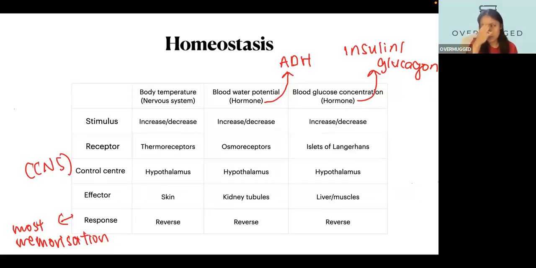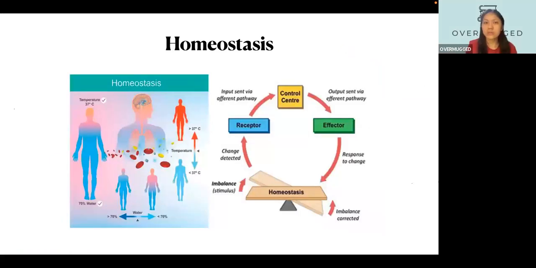Yeah, I think this slide should be before the slide just now. So this is homeostasis for the combined students. It's basically about balancing. If it becomes imbalanced, either increased or decreased beyond normal, then you have to bring it back. Homeostasis has to be balanced.